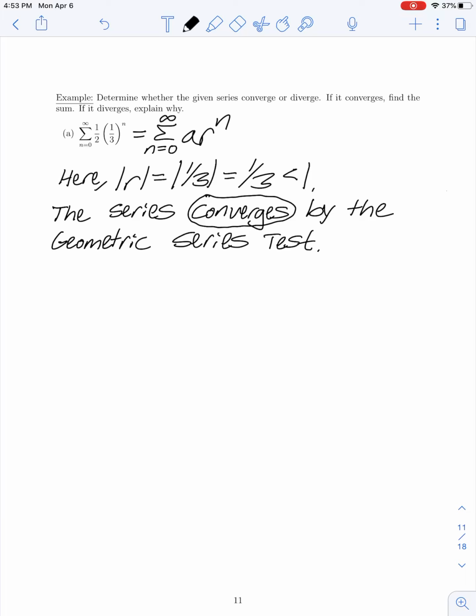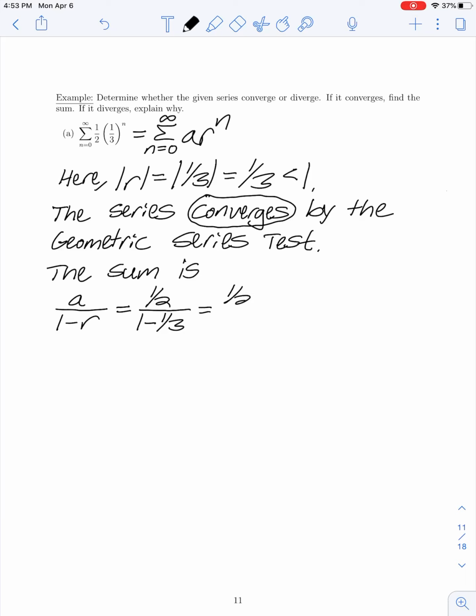Now, if it converges, we were asked to find the sum. So let's think about how we would find the sum. The sum is given by the ratio a over 1 minus r. And in this example, a is 1/2. We're dividing by 1 minus r, where r was 1/3.